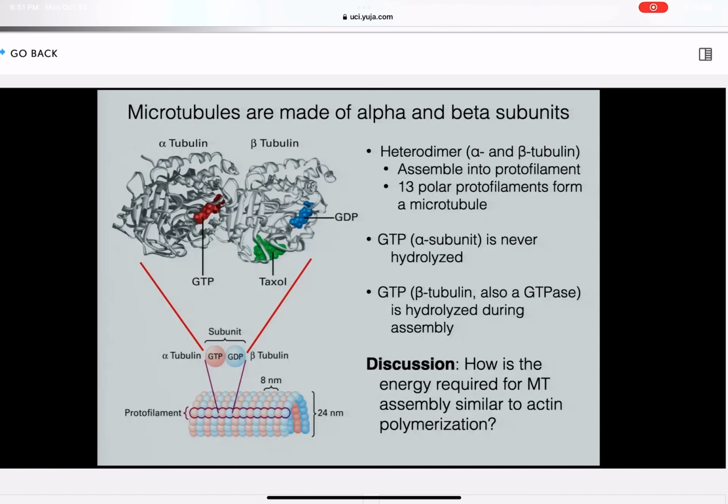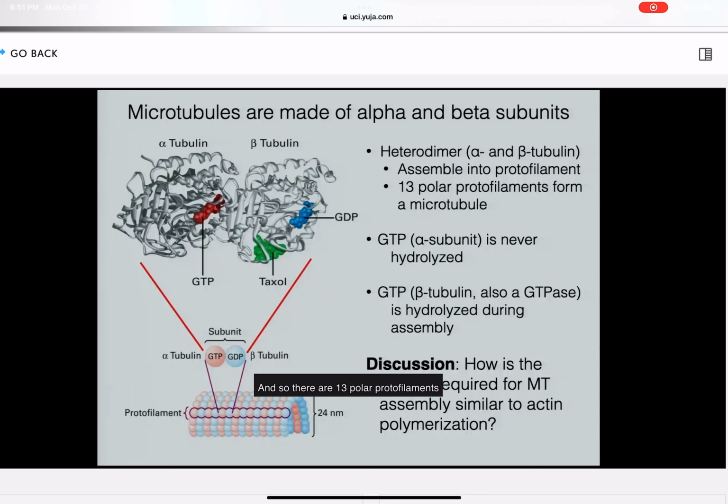So here's Taxol. This is just that drug that can bind and stabilize these microtubules. Okay. And what you can see here is the protofilament being formed. And so you can see that the filament system essentially is polarized, where the alpha GTP-bound subunit is on the back end, and then on top is the beta tubulin.